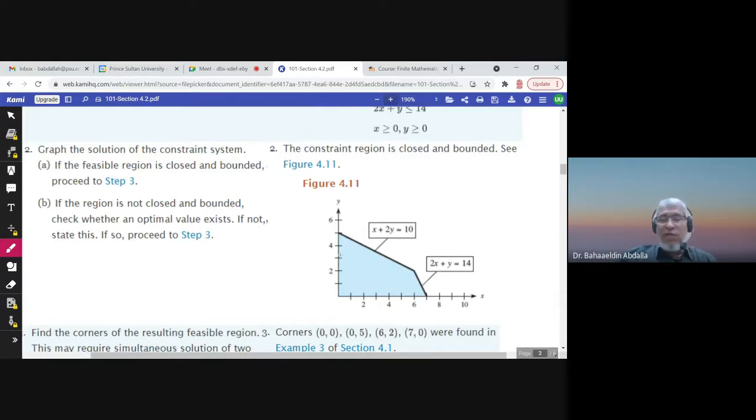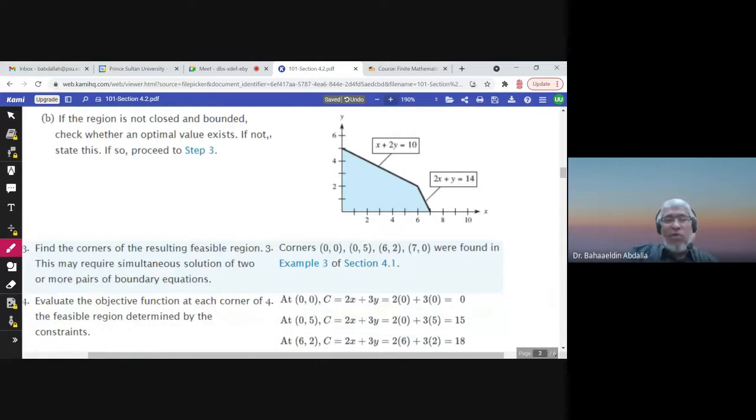In this example, we find that the feasible region is closed and bounded, as you can see. If the region is not closed and bounded, then it may have a maximum or a minimum, or no solution.